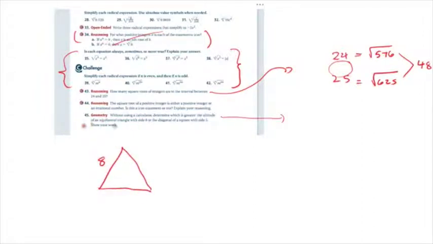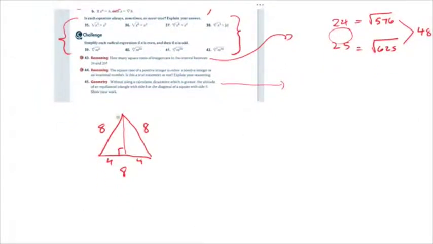with side 8. If I wanted this altitude, then I would know that the base got cut into 4. And for my 30, 60, 90 kind of people, they might have said right away, this altitude equals 4 root 3 from memorization.